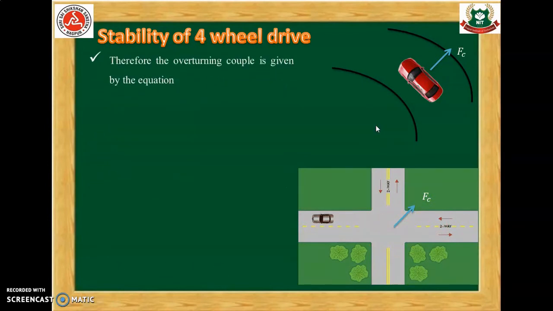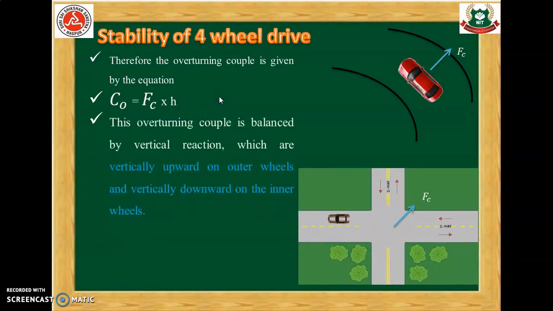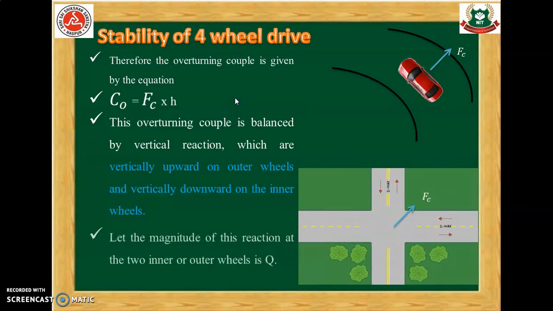Let us see, therefore, the overturning couple is given by the equation CO equals Fc into H. Fc is nothing but the centrifugal force, H is the distance of the center of gravity from the ground surface. This overturning couple is balanced by vertical reactions, which are vertically upward on the outer wheels and vertically downward on the inner wheels.